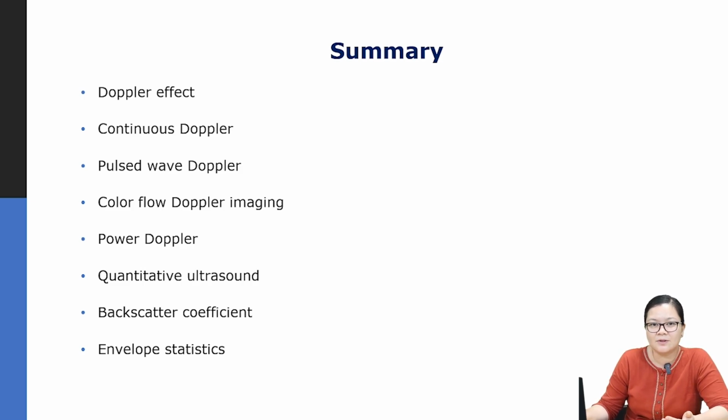We also talked about quantitative ultrasound, two classes of quantitative ultrasound, such as the backscatter coefficient, which is a spectral-based technique, and envelope statistics, which are used to assess the spatial distribution of scatterers as well as the number of scatterers. So these quantitative ultrasound techniques are being investigated for various clinical applications, and more progress is being made towards this field.